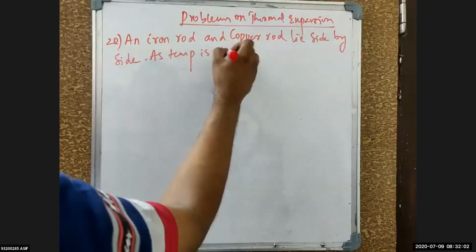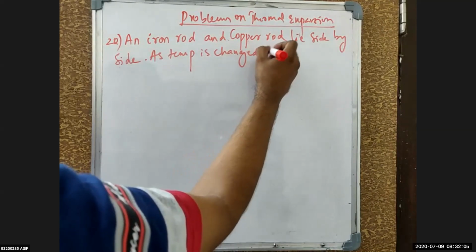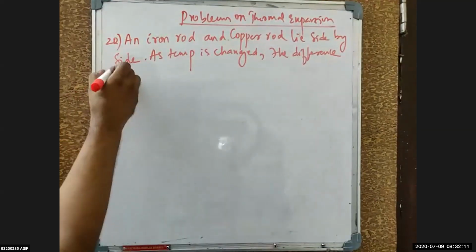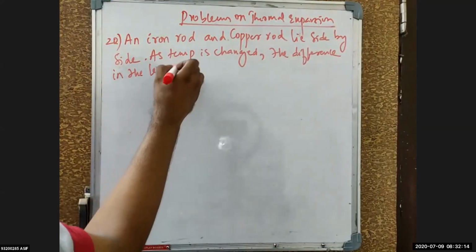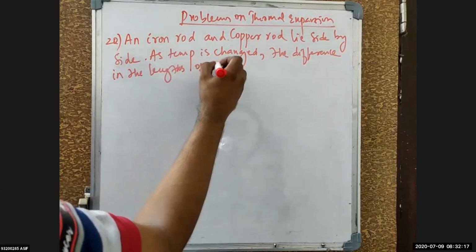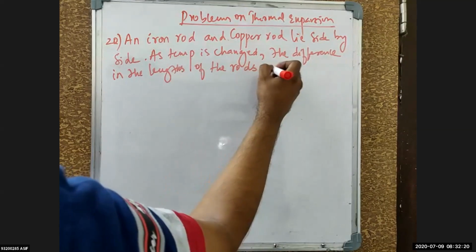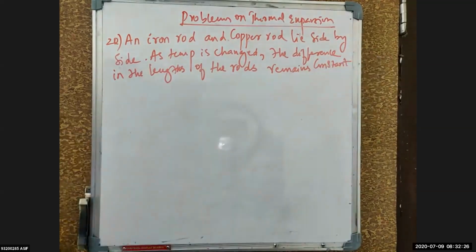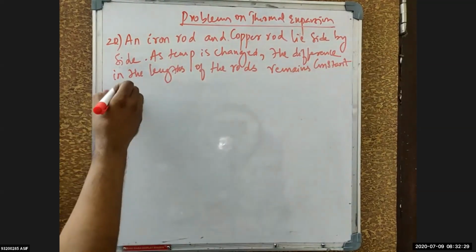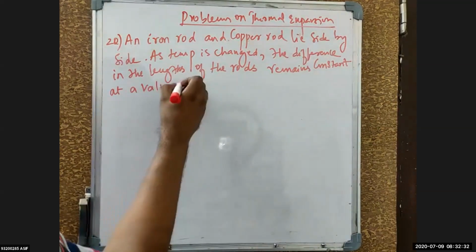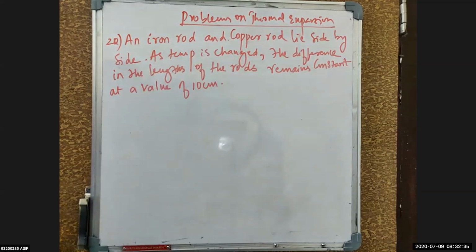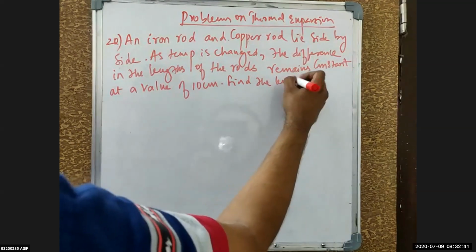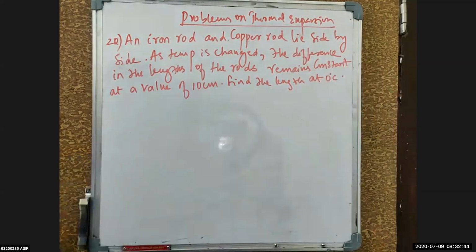As temperature is changed, the difference in the lengths of the rods remains constant at a value of 10 centimeter. Find the length at 0 degrees centigrade.